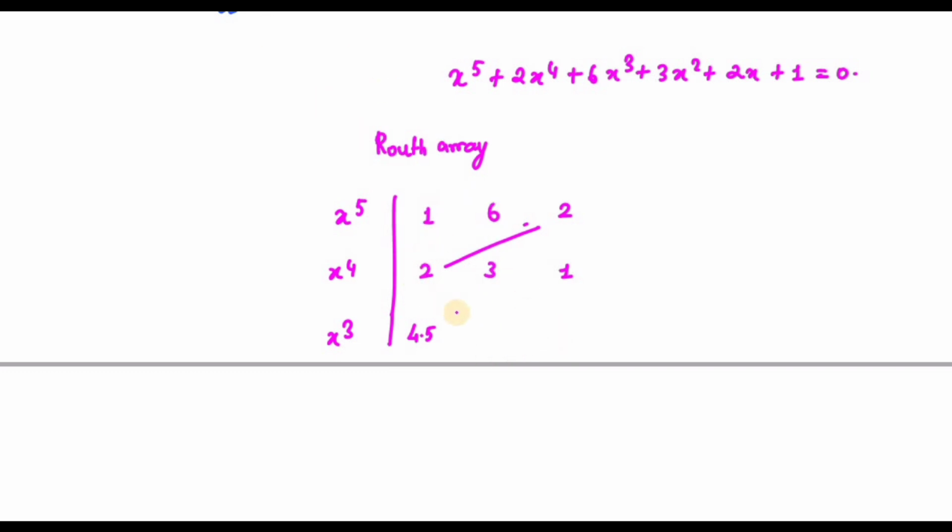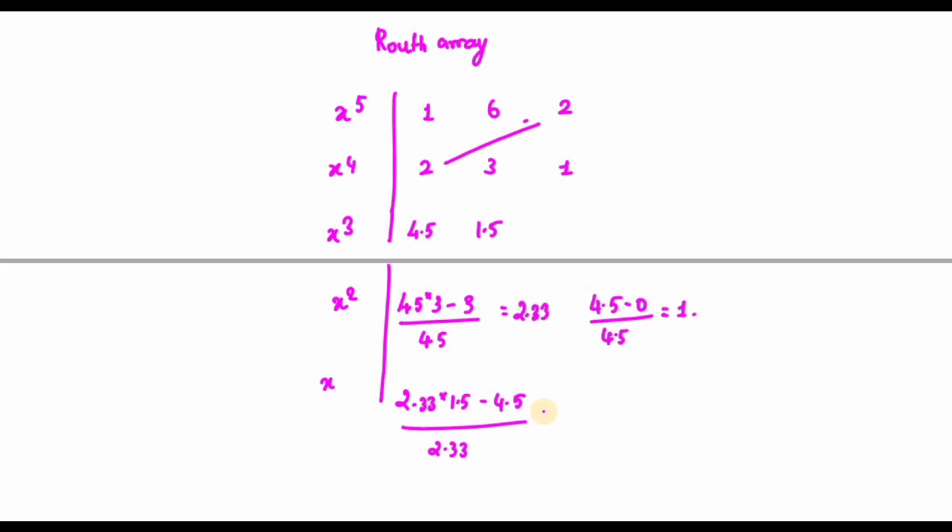For x square, it is 4.5 into 3 minus 3 divided by 4.5, which is 2.33, and 4.5 into 1 divided by 4.5, which is 1. To find the value of x, 2.33 into 1.5 minus 4.5 divided by 2.33 is minus 0.429. Next, x power 0 is 1.